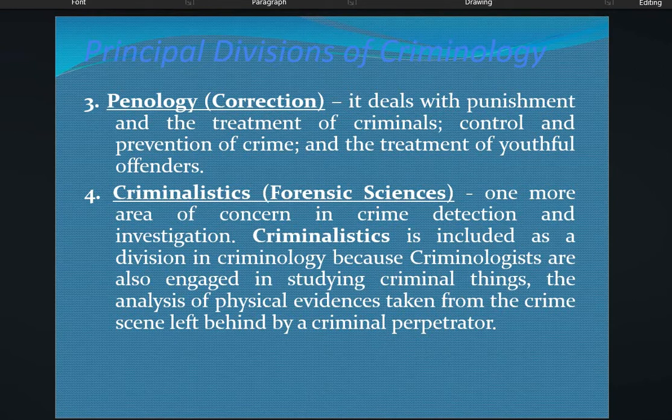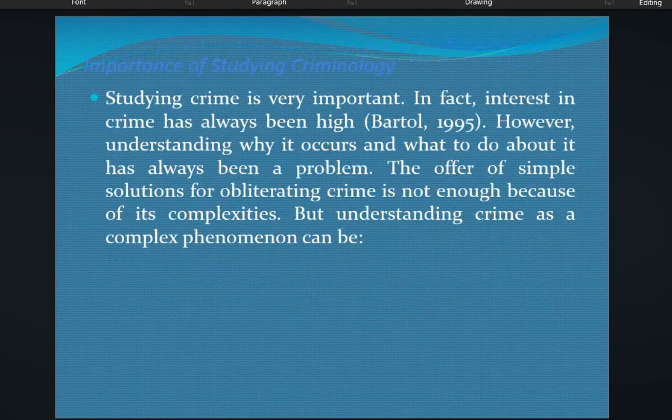So, for example, may nakita kayong buhok, may nakita kayong bloodstains. Ano yung gagawin nyo dun sa mga evidences na yon? How will you preserve those evidences?